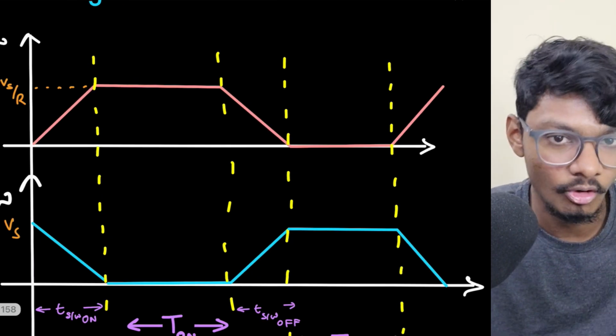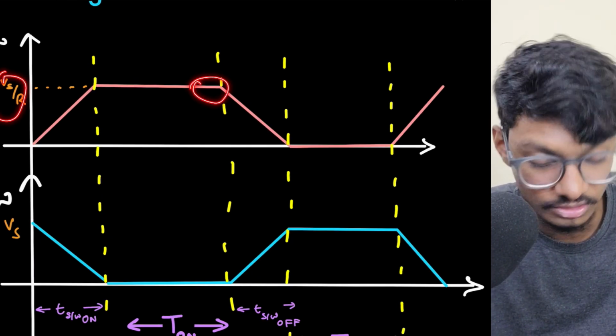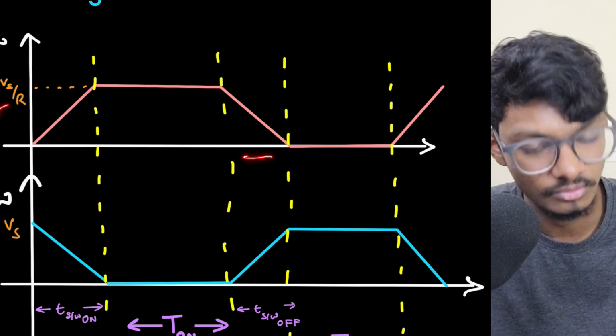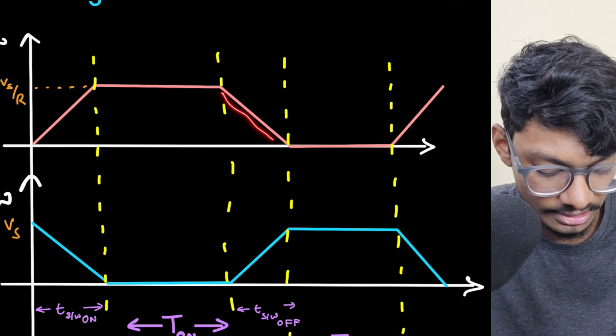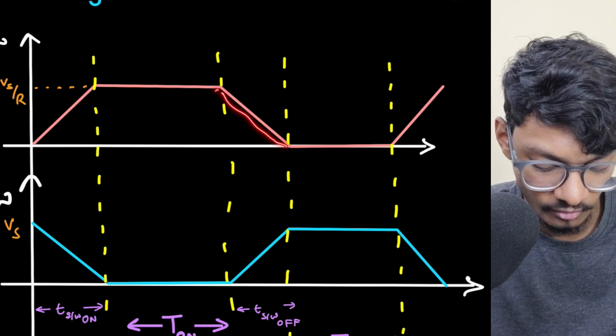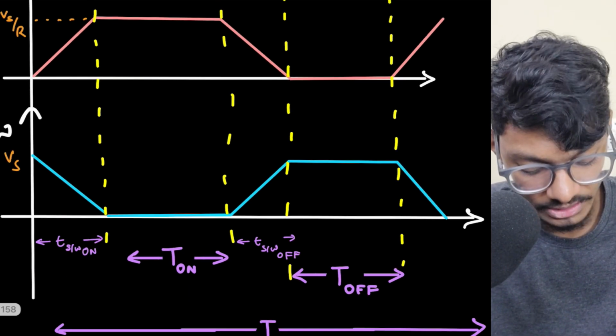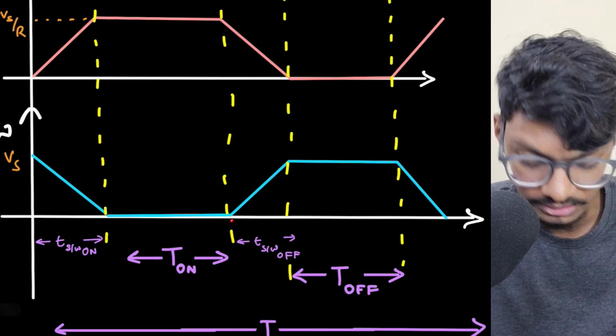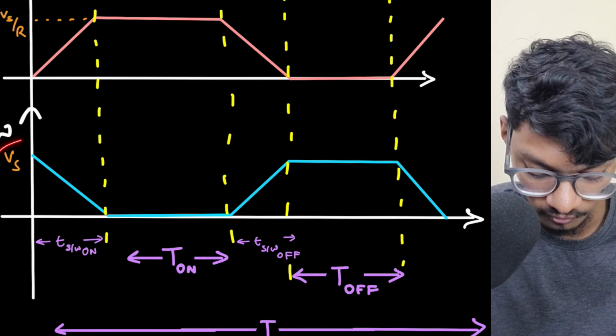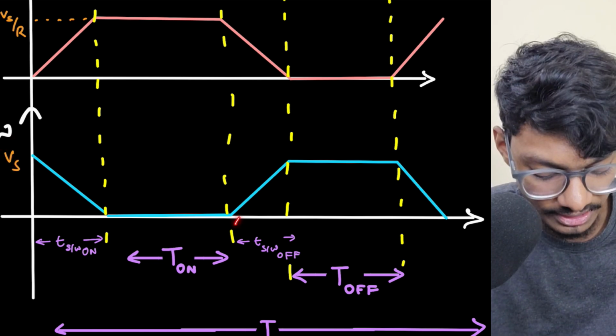Then again I turn off the switch. If I turn off the switch, the current should instantly go to 0, right, from Vs by R to 0. But again it takes some time from Vs by R to go to 0. Here as well you can observe that the voltage should instantly go to Vs according to that circuit, but it takes some time.